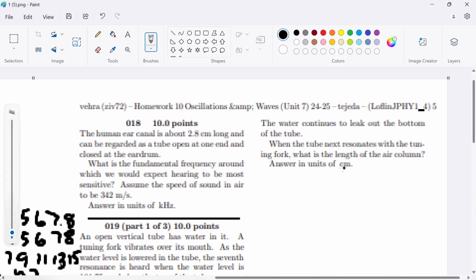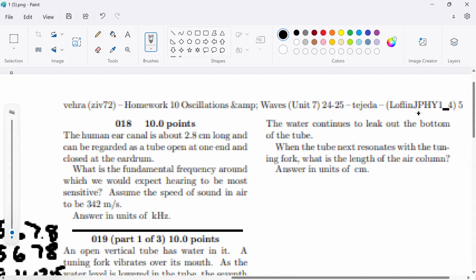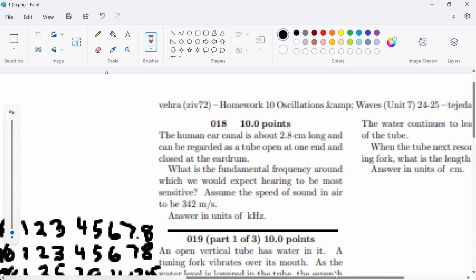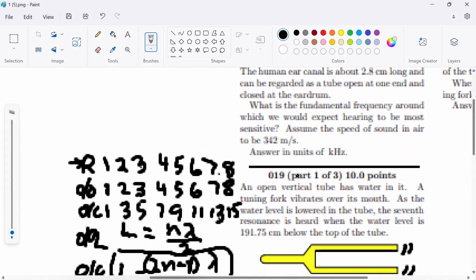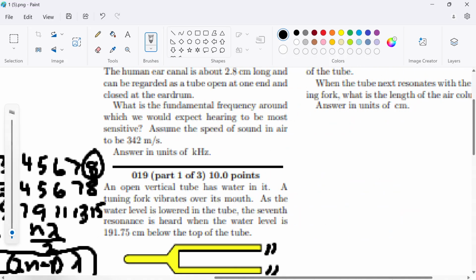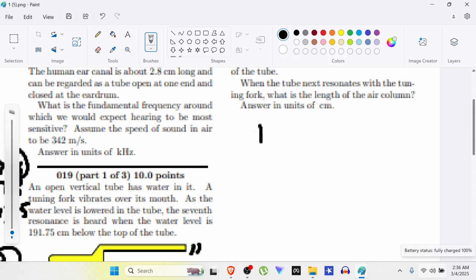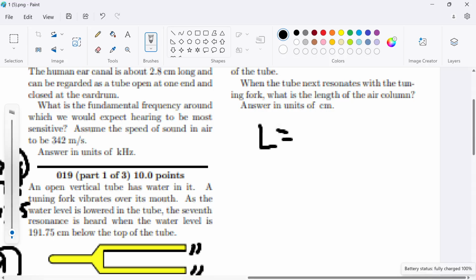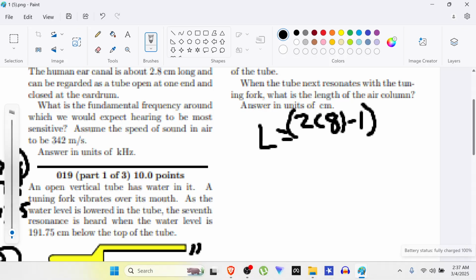Now the final question here. The water continues to leak out the bottom of the tube. When the tube next resonates, well, that was the 7th resonance, so this is going to be the 8th resonance. 2 times 8 is 16, minus 1 is 15. There's your harmonic, 15. So the length is going to be equal to 2N minus 1, 2 times 8 minus 1, times the wavelength.